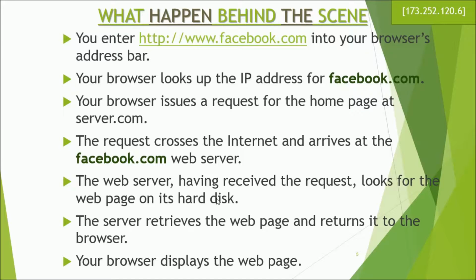So the Facebook server looks for the particular page and sends it back to your browser. Then, before you know it, within about 2 seconds, your browser displays the web page that you requested. That is the whole workload that seems very short, but it's a really long process that occurs between the system and the server.